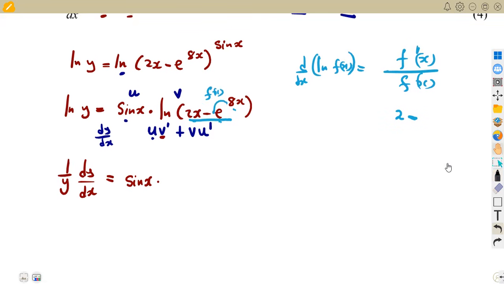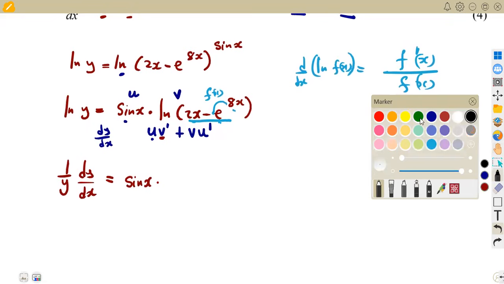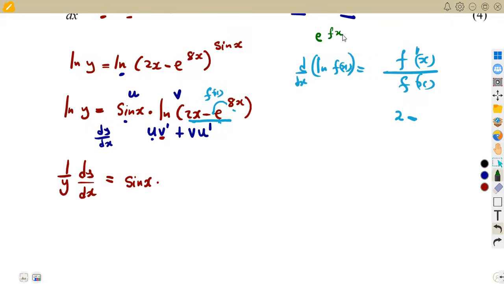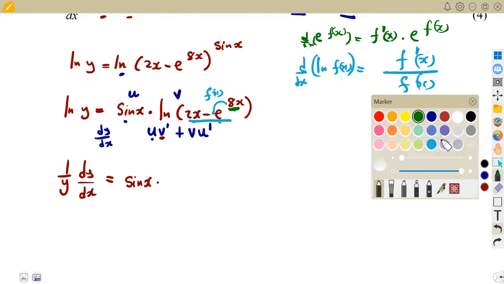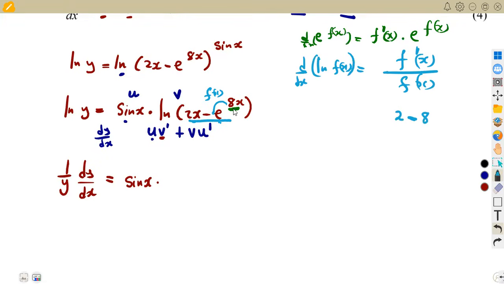Let me just write on top a little bit here. Remember the derivative of e to the exponent of f of x is the first derivative of f of x times e to the exponent of f of x. So the derivative of our f of x here gives us 8, then e to the exponent of 8x, everything over our f of x as it is, which is the whole part of 2x minus e to the exponent of 8x.